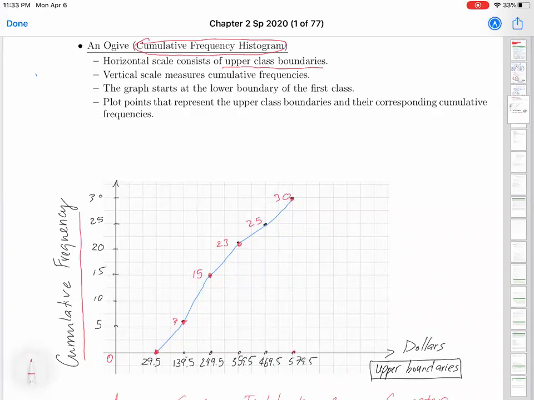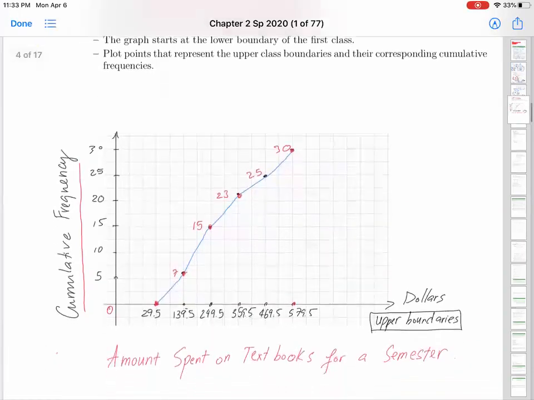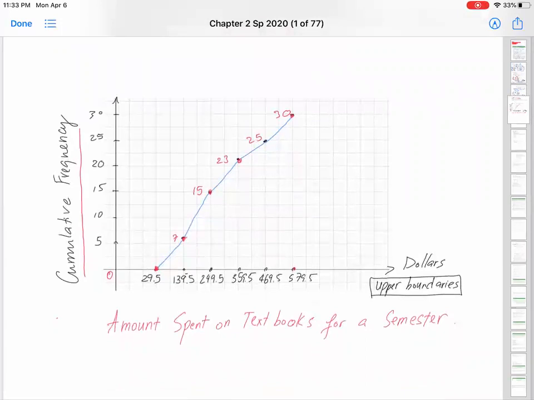And by looking at this graph, you can present your data set in terms of cumulative values. For example, you can see that around 25 students in my survey spend up to $470 for the textbooks per quarter.